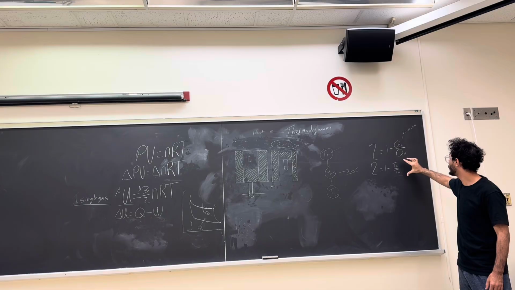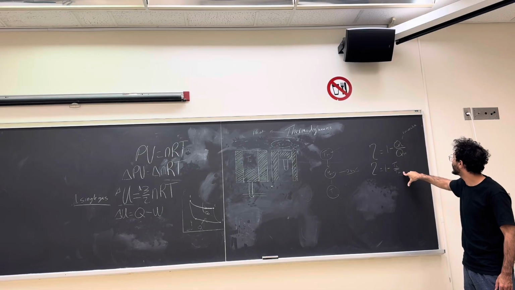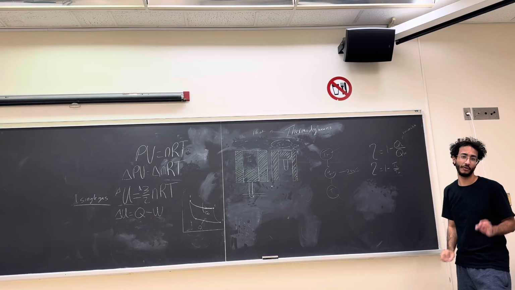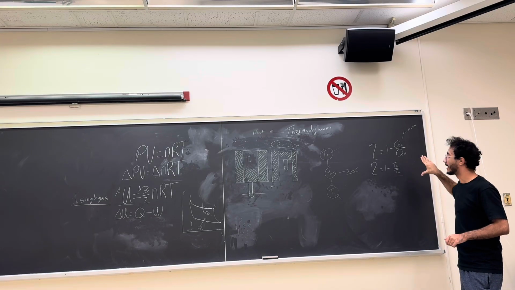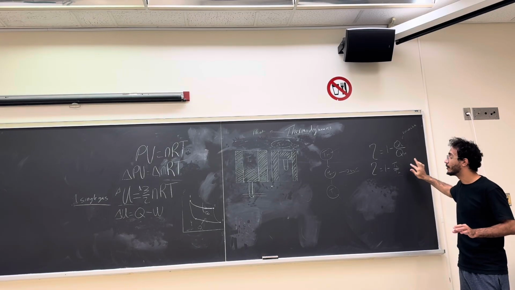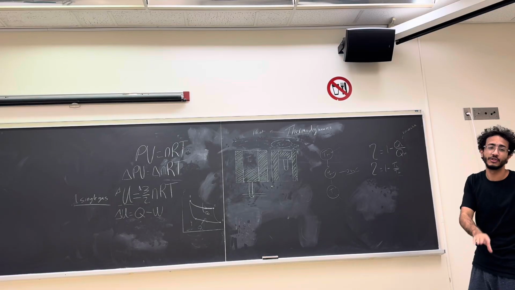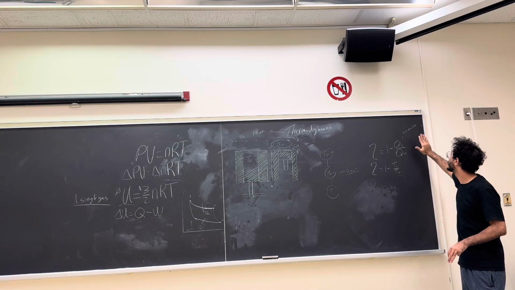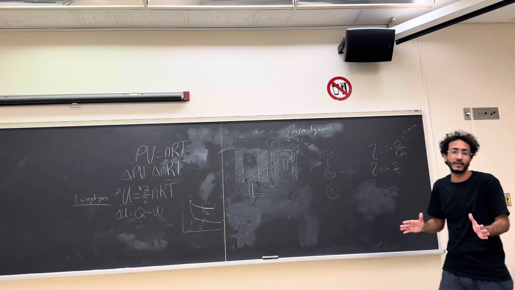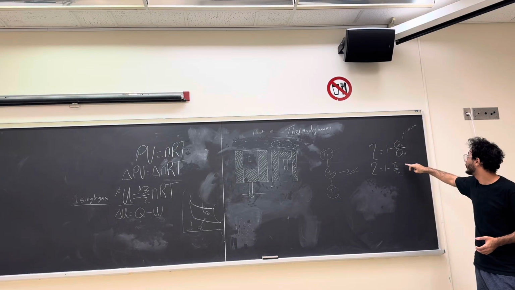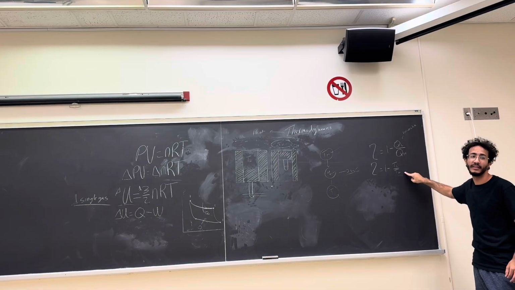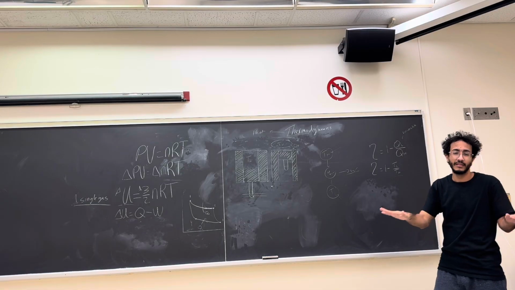This is because perfect engines have TL over TH equal to QL over QH due to the lack of loss.